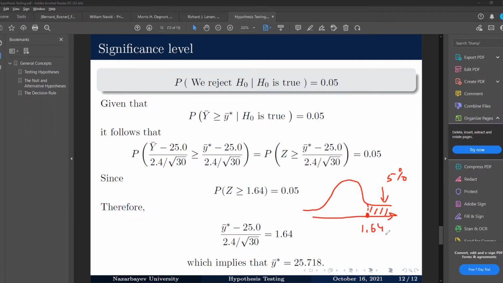So this z-score is equal to 1.64. Now, if we equate this to 1.64, we find that this critical value corresponds to y bar star of 25.718.